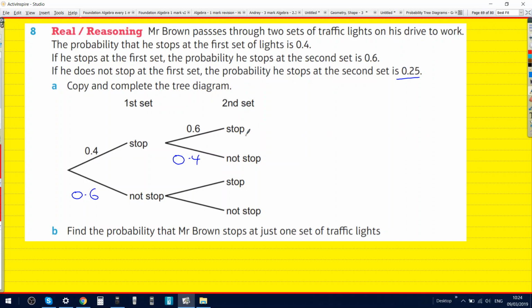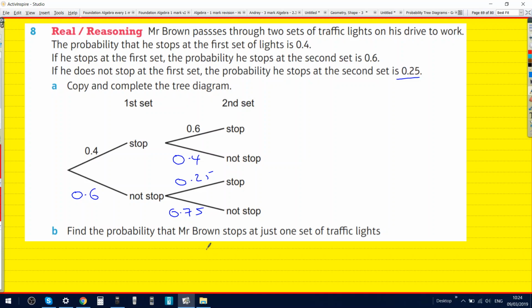Oh, so if he stops at the first set, the probability he stops at the second will be 0.25. Would the next one be 0.35? Why is that? Because it needs to add up to... Oh no, sorry, it's 0.75 because it needs to equal the whole. Yep.